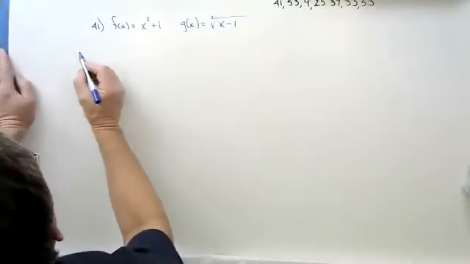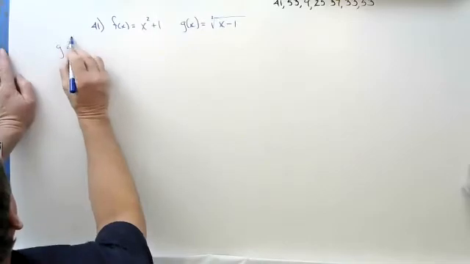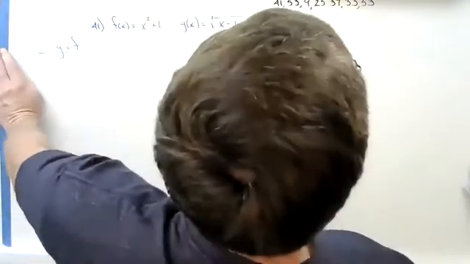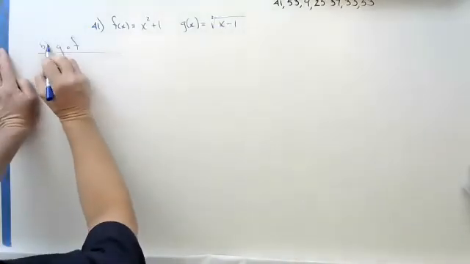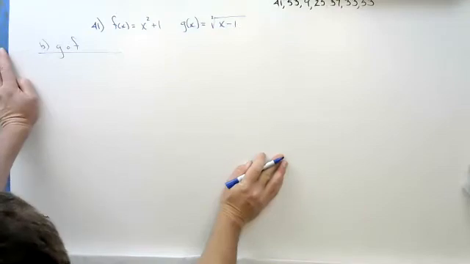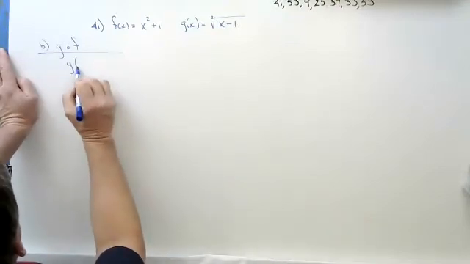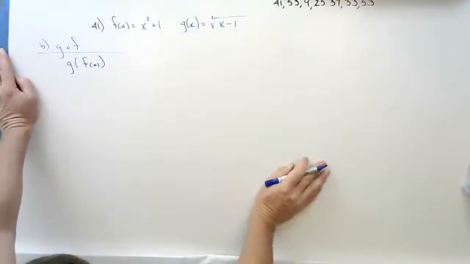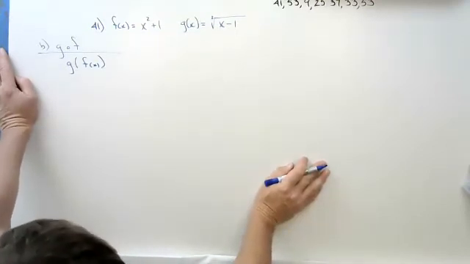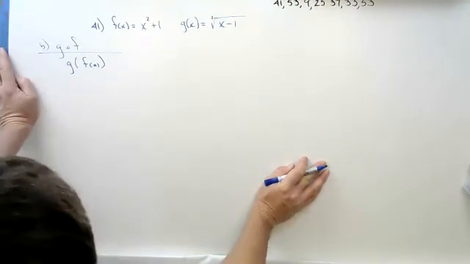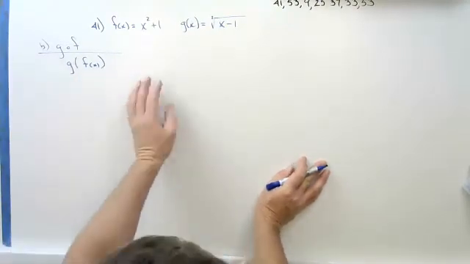So let's find g of f. I don't even know what part that is. A, B, C, B. Let's do that. So what are we going to find? Well, we're going to take G and we're going to put F inside that, right? That's what we're going to do. Now, I'm going to warm up.